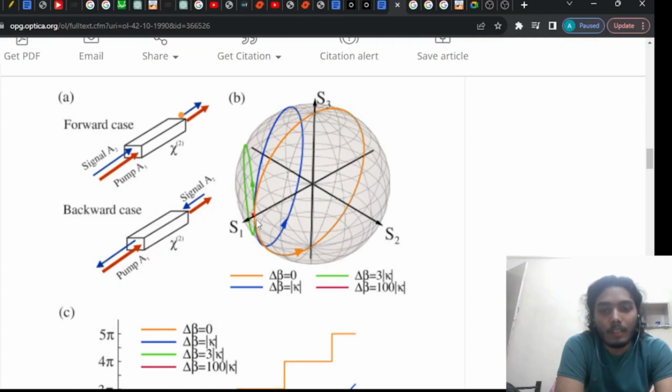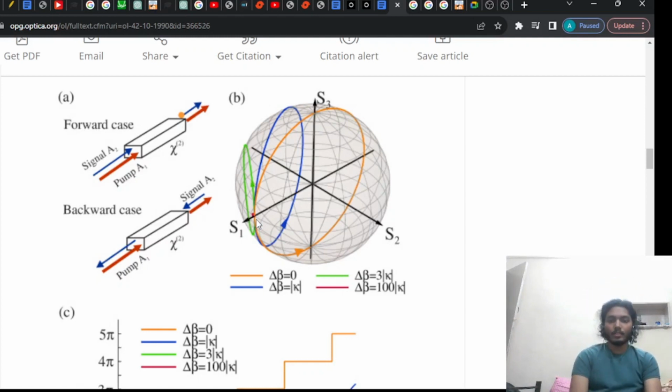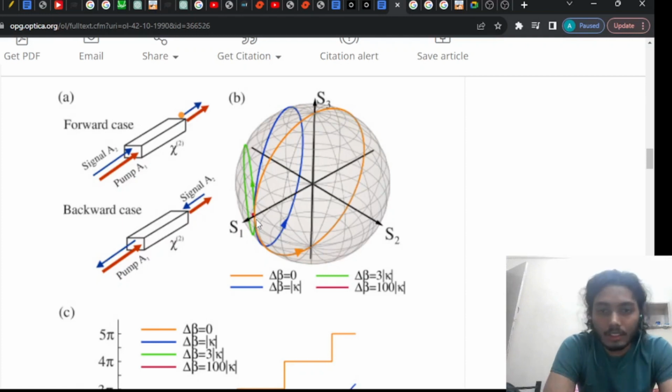That is why there is no geometric phase, and geometric phase is just a constructive interference of many phases, and we know that phase mismatching means waves have different phase velocities. So when there is large phase mismatching, they just destructively interfere and cancel out the geometric phase.